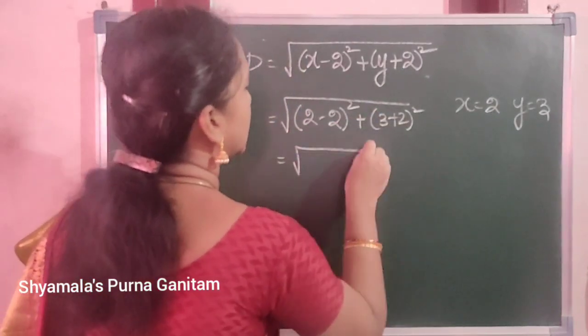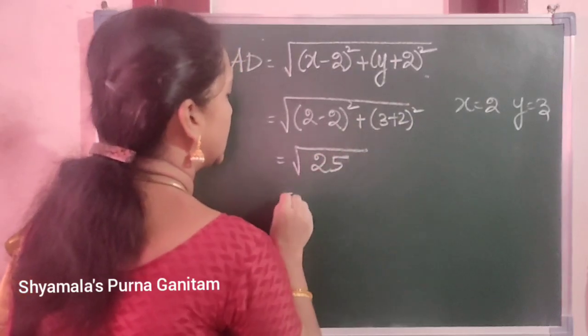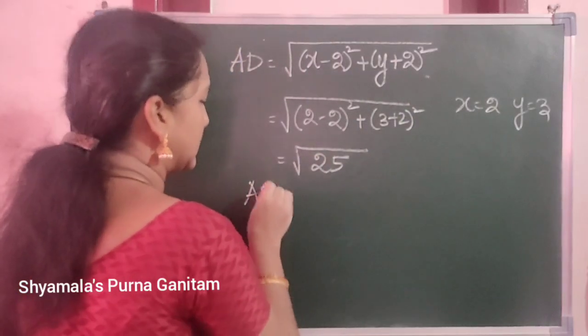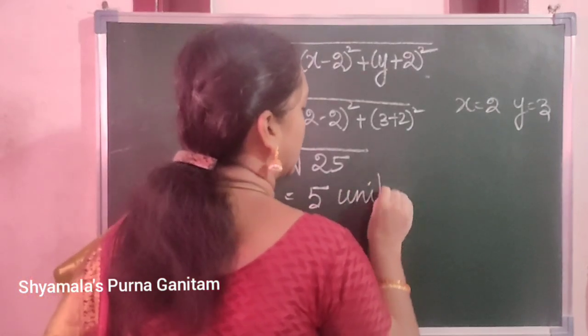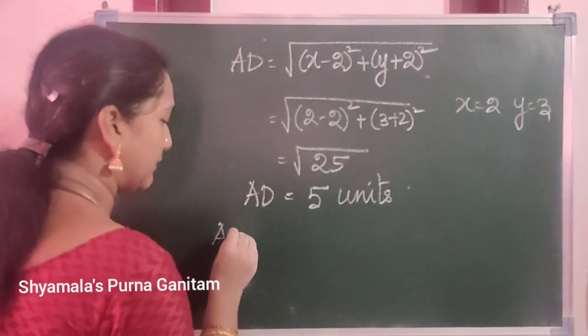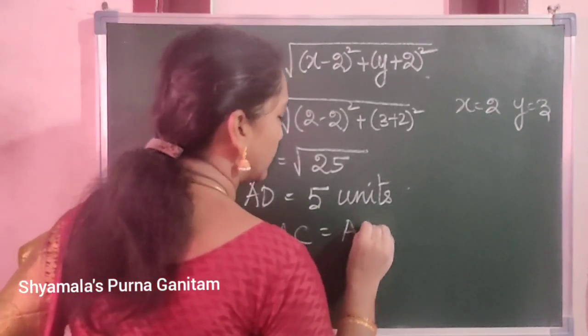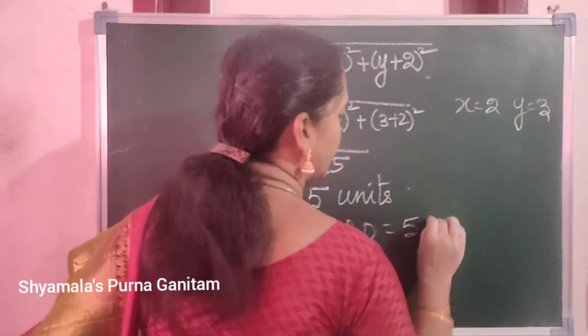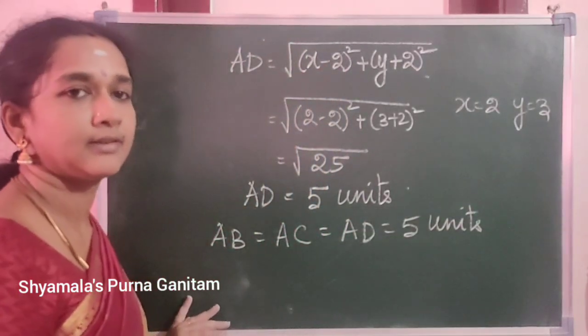So this is 0 and this one is 5 squared, which is 25. So the length of AD, that is the length of one radius, is 5 units. So the length of AB is equal to AC is equal to AD is equal to 5 units. So this is the length of the radius.